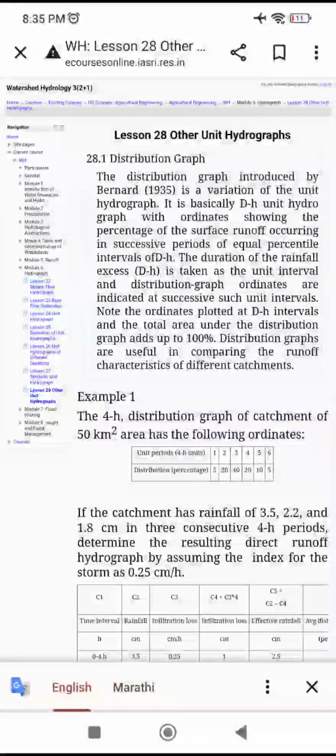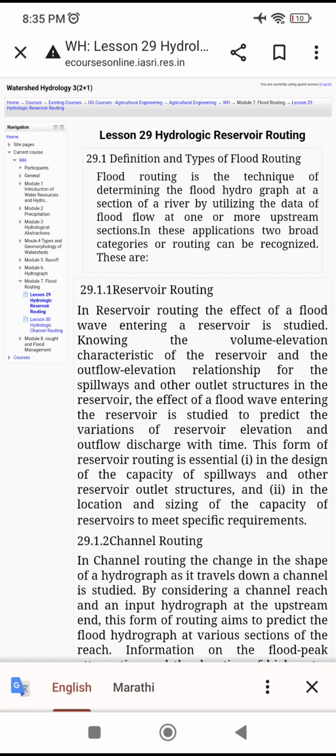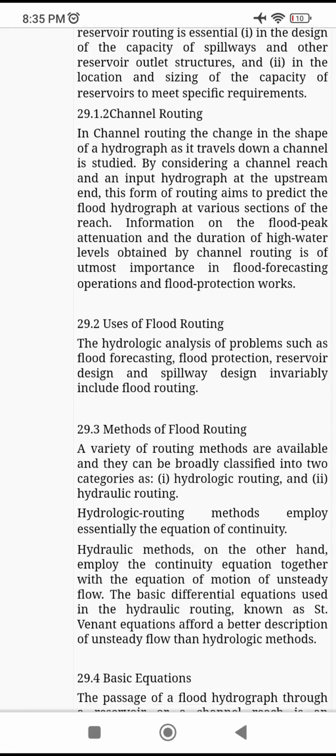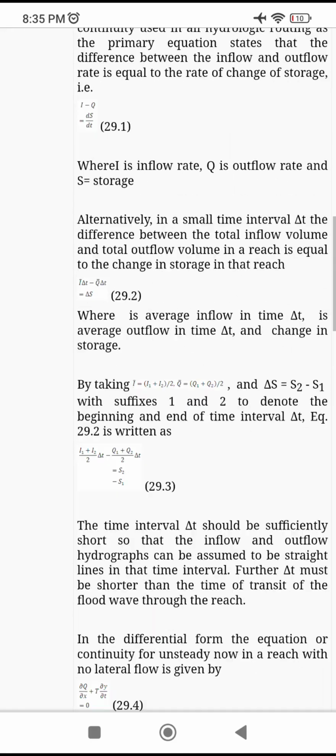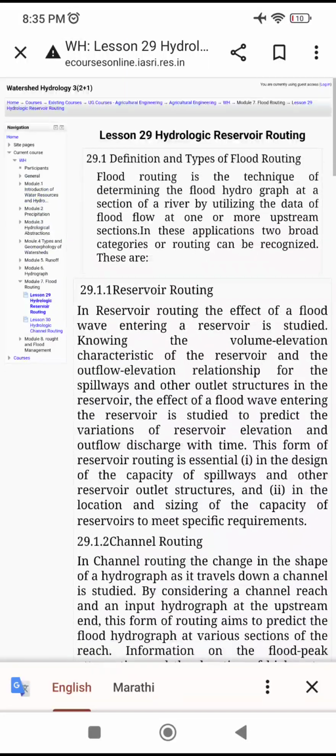Okay, so flood routing. What is meant by flood routing is the technique of determining the flood hydrograph at a section of a river by utilizing the data of flood flow at one or more upstream sections. So in this case, the flood routing definition is important.